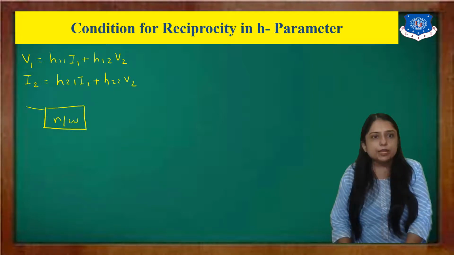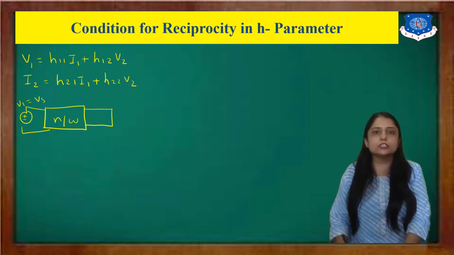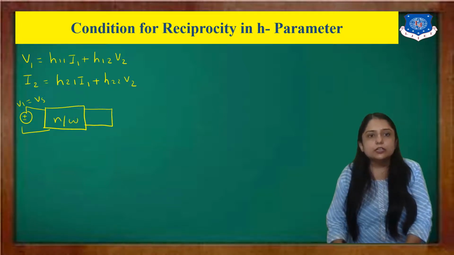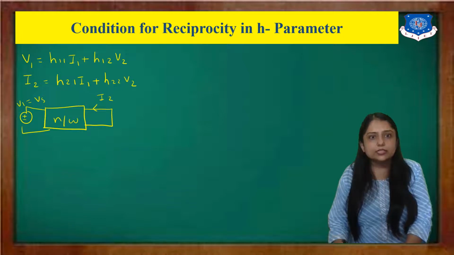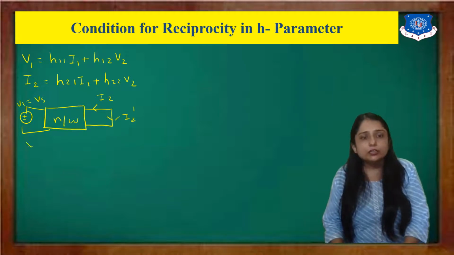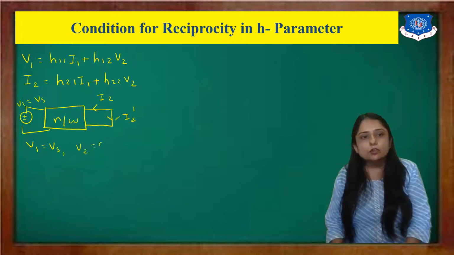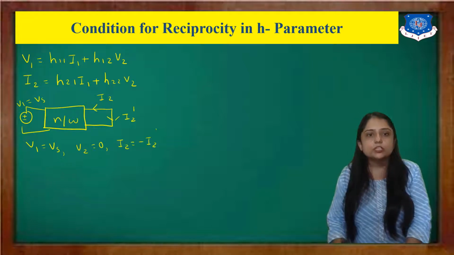Here I apply V1 equal to Vs. And I am considering the output as a short circuit. Here the current is I2, then this current is I2 dash. Now you just write down the thing, that is V1 equal to Vs, V2 equal to 0 and I2 equal to minus I2 dash.